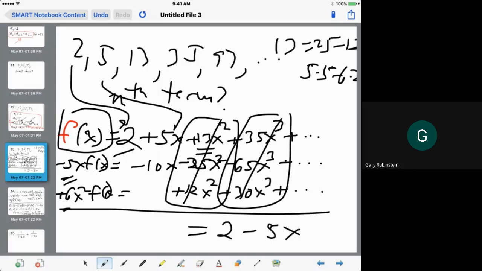On the left side, I get f of x minus 5x f of x plus 6x squared f of x. Okay, does anyone see anything I might be able to do with this?